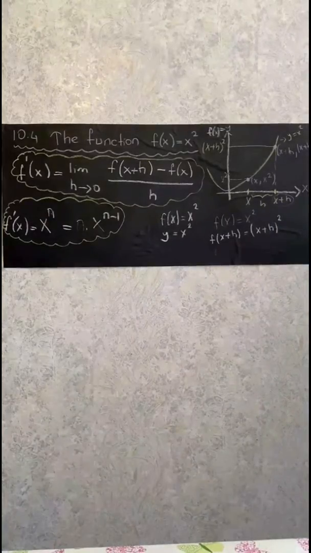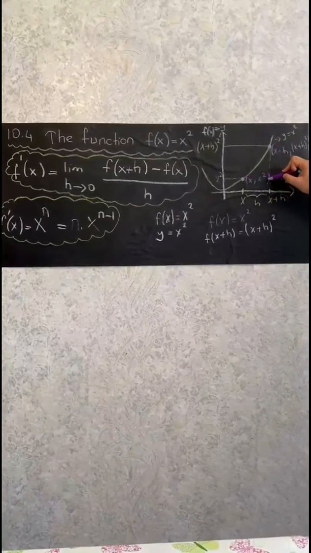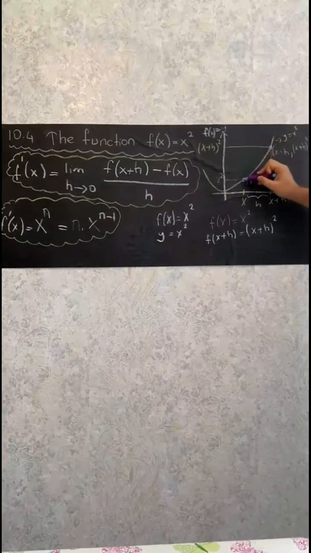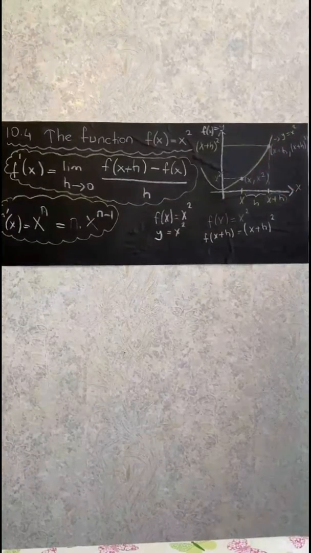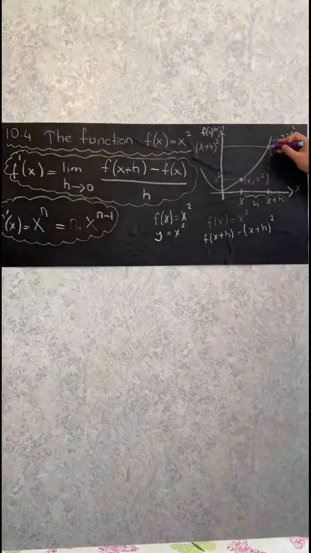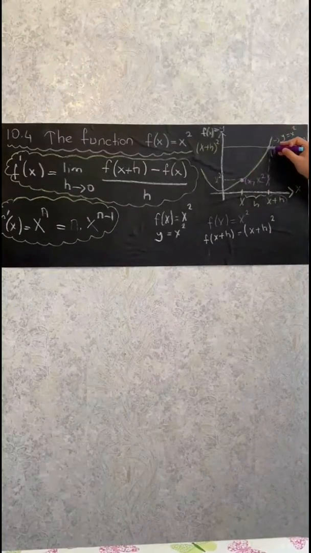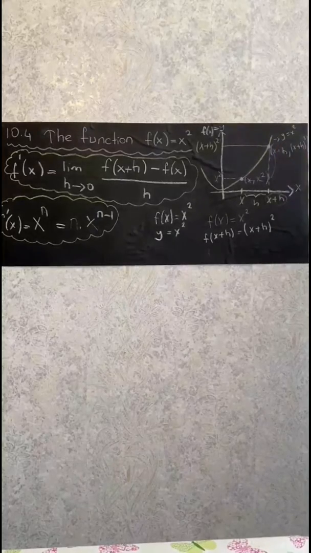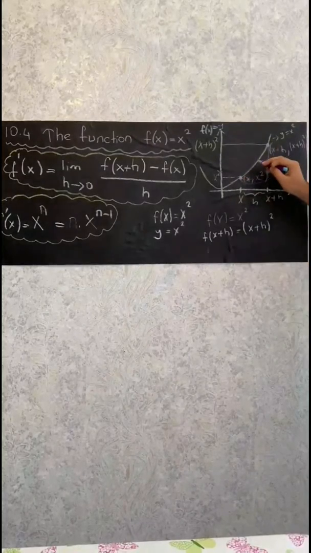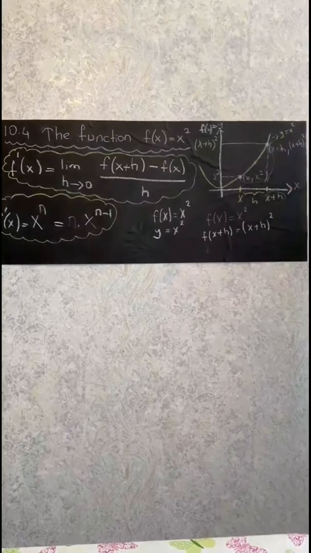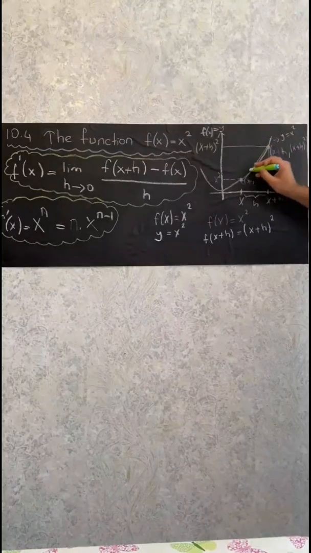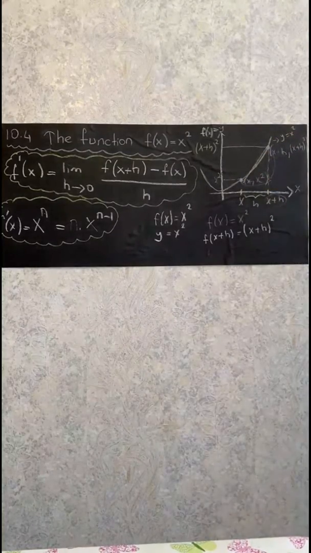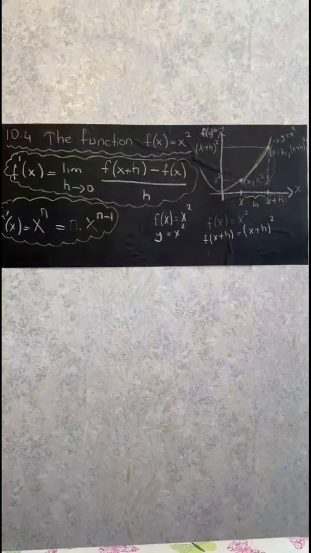The slope is the change in y over the change in x between the two points. The line through the point is the tangent line, so we will find the slope. One more example.